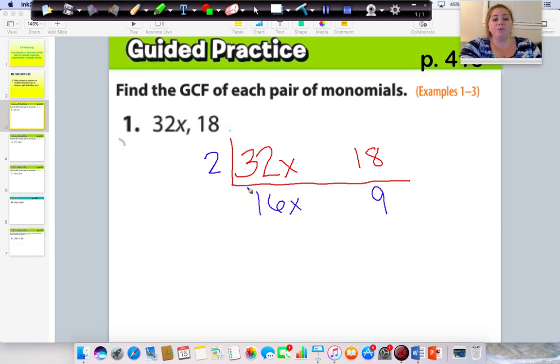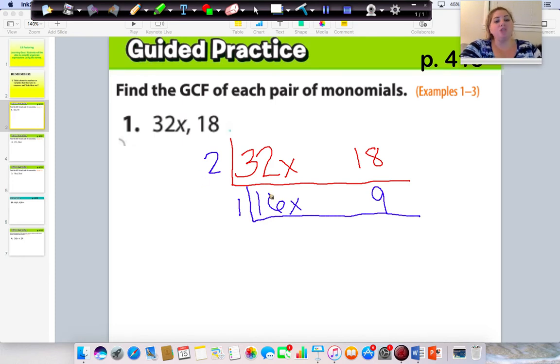Okay, so now we do another layer to our birthday cake. We need to think about what number goes into both 16x and 9. So I'm thinking. Okay, nothing else goes into those except for 1. Whenever you take out 1, and that's the only number you can take out, that's when you're done.